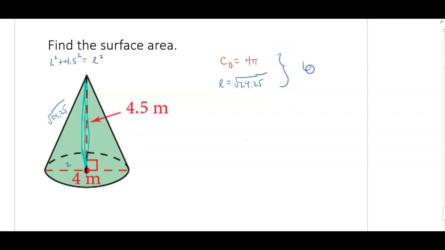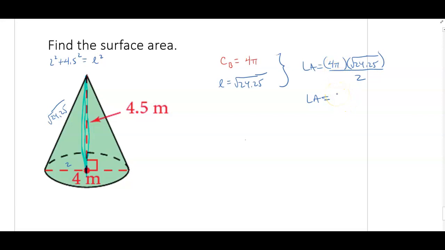So now my slant height is the square root of 24.25. And now my lateral area is the circumference of the base times the slant height, all divided by 2. Now, since you get the square root of 24.25, this is one where I would just go ahead and find the decimal value.